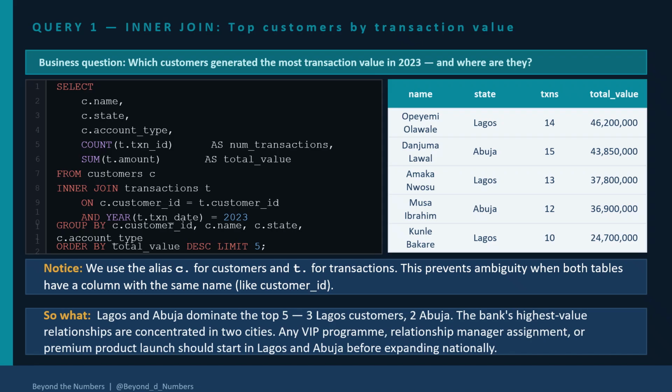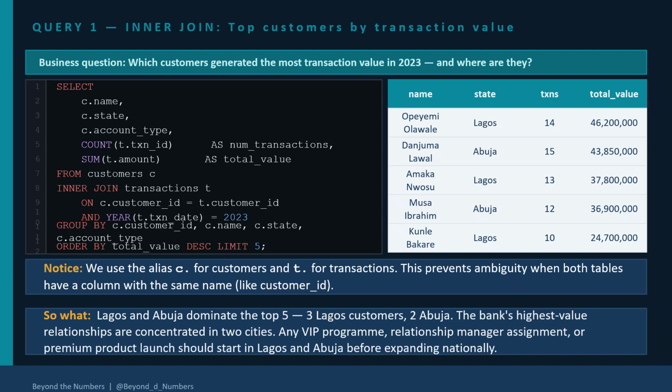We also count the number of transactions and sum the total amount from customers aliased as C, inner join transactions aliased as T on customer_id, and we filter inside the ON clause for the year 2023. Group by the customer's column, order by total value descending, limit 5.